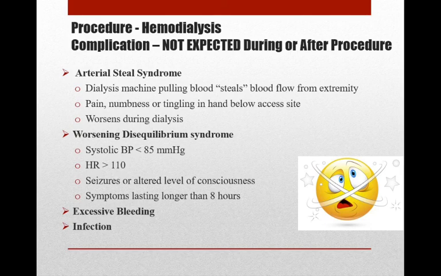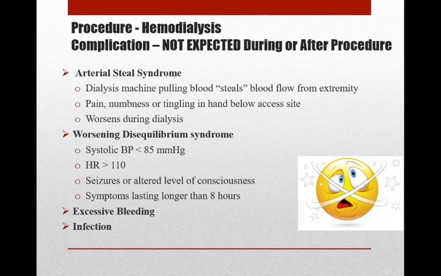Arterial steal syndrome happens during dialysis. And so the dialysis nurse will probably let you know to notify somebody, or they'll notify somebody. But because that AV graft or the AV fistula is created from an artery and a vein, when the dialysis machine starts pulling blood, it actually sucks arterial blood from the hand.